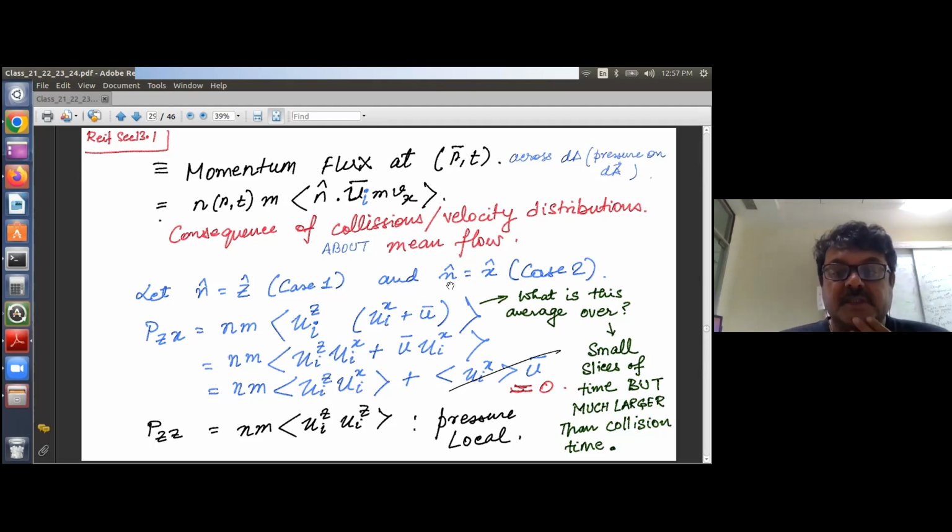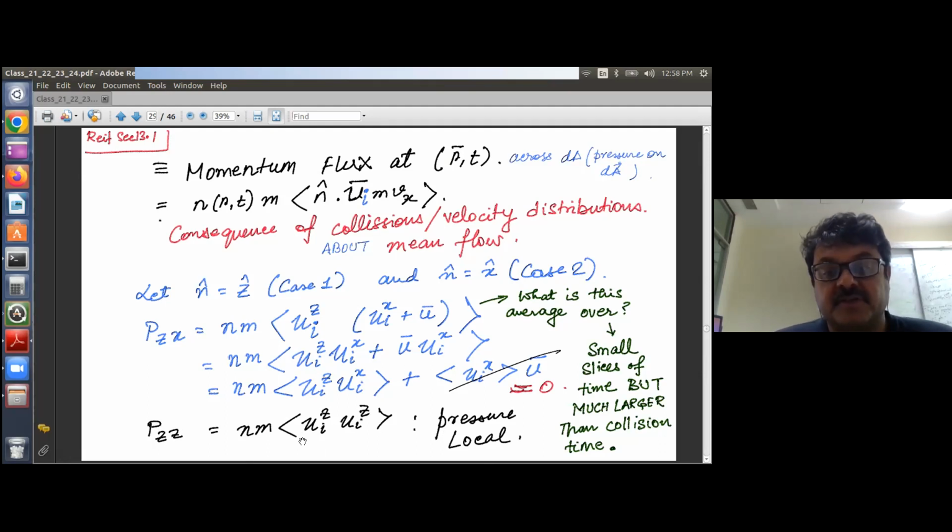Similarly, if you took both to be in the z direction, then you would get n m u_iz u_iz. So here the area is taken along the z direction, and this would correspond to the local pressure. And note that this local pressure, you are really averaging over the fluctuations about the mean velocity, right?